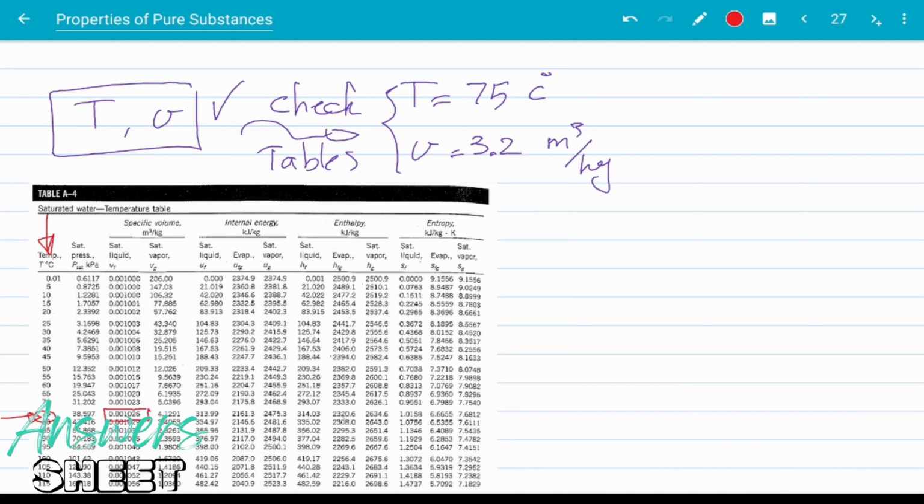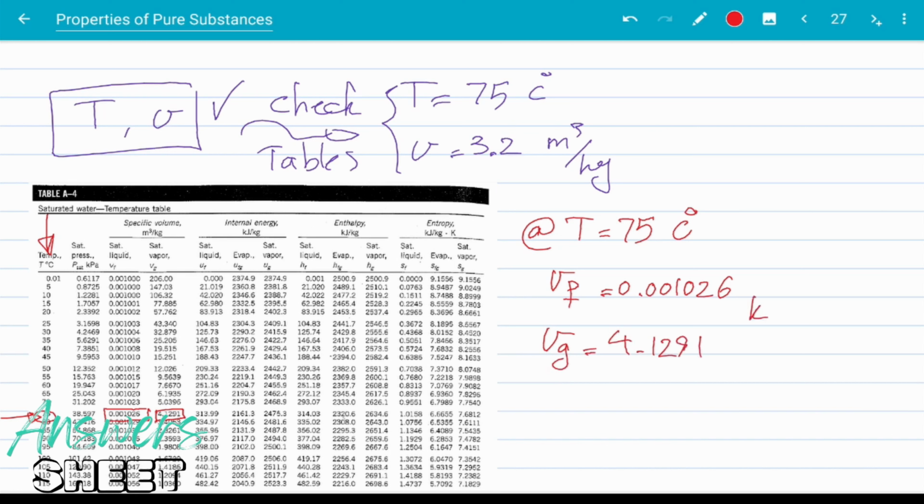This is the saturated liquid, and this is the number for saturated vapor. So at a temperature of 75 degrees Celsius, the specific volume of saturated liquid is 0.001026, and the specific volume of saturated vapor is 4.1291, both meters cubed per kilogram.